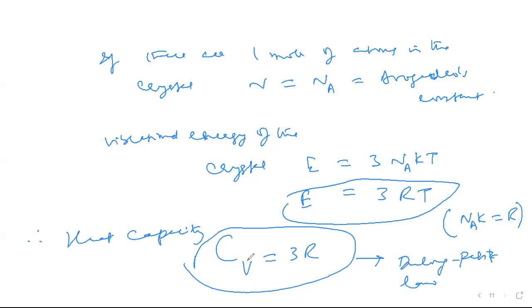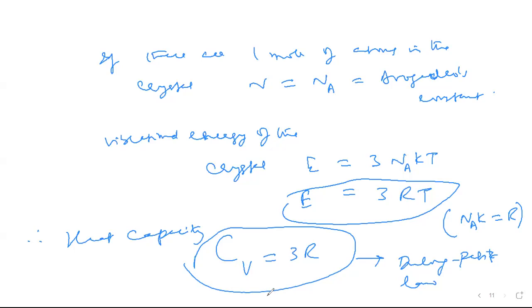Now, according to this classical result, for all solids, molar heat capacity must be 3R, which is not true in practice. That's why this classical theory fails. And another thing, according to it, there is no temperature dependence. Classical theory says that the heat capacity is independent of the temperature, which is not true.